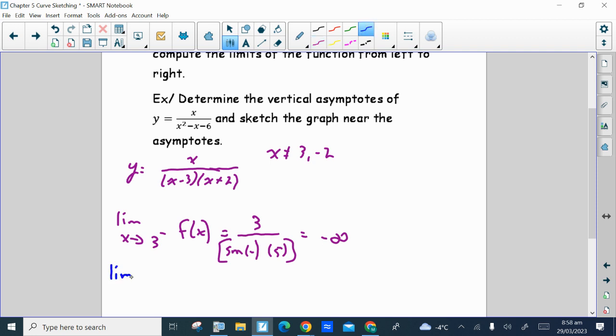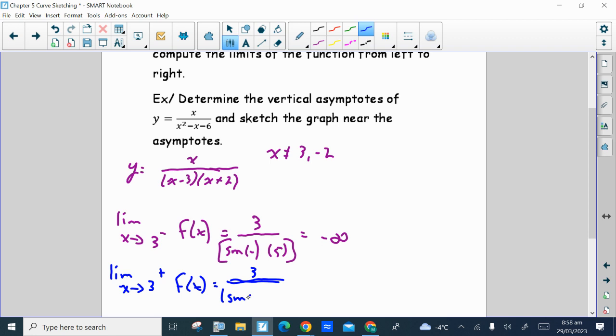What about the right side of 3? Again, the top number will approach a value of 3. But now on the bottom, when you use numbers greater than 3 and you subtract 3, those values are going to be positive. The gap will get smaller and smaller, so the difference between them will get smaller and smaller, but it'll be positive.